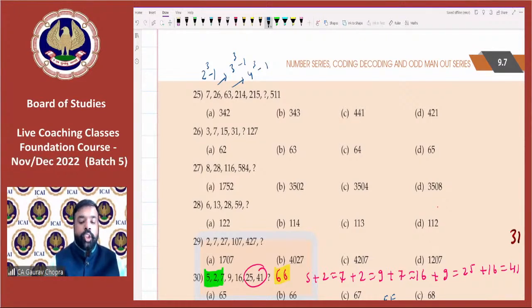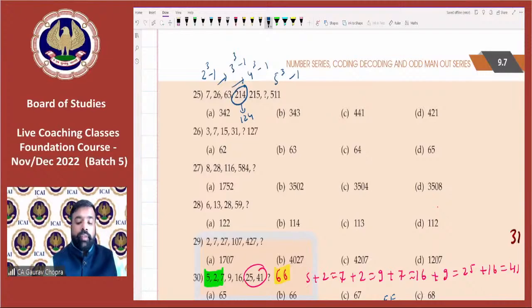Then next should be 5 cube minus 1, that is 124. So this number 214, this should be 124. You can make correction here. It should be 124. So you can write 5 cube minus 1.